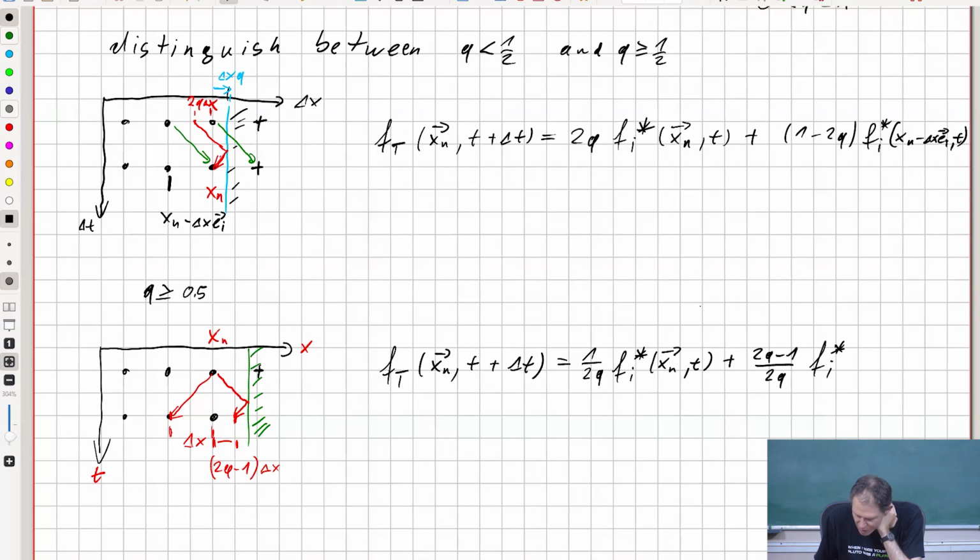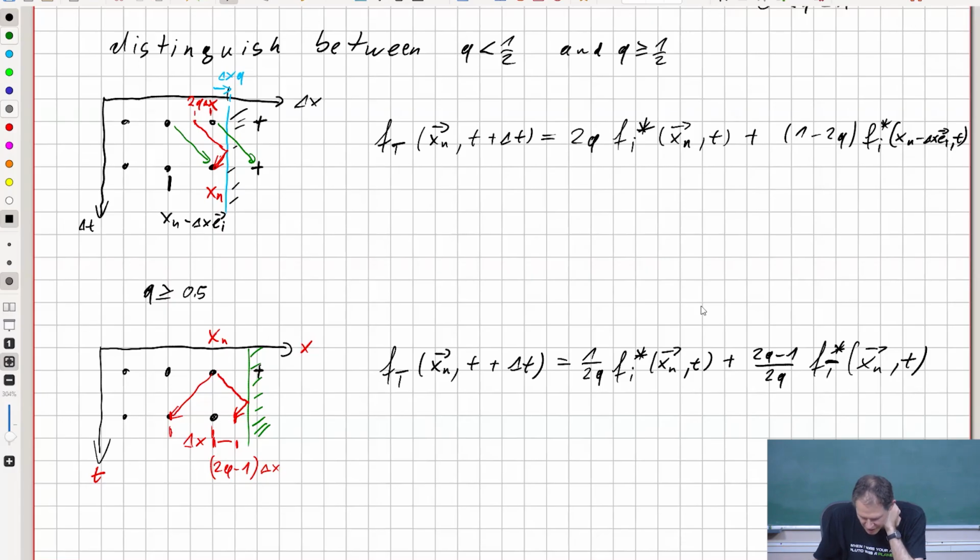Okay, I miswrote this, this is the opposite. So it is fi over bar of xn and t. I think this should be the right way.